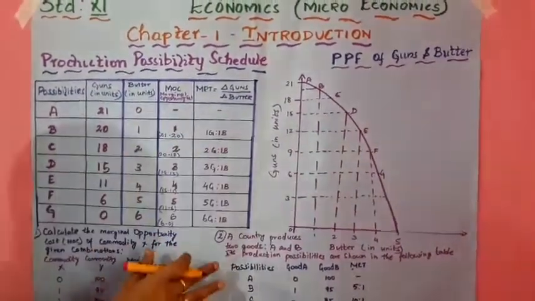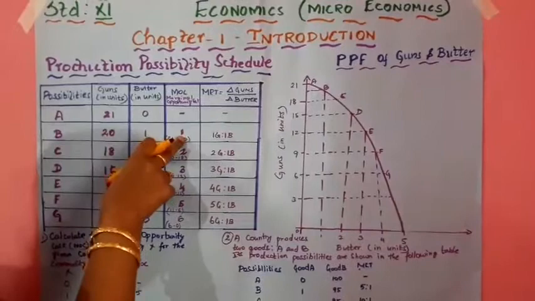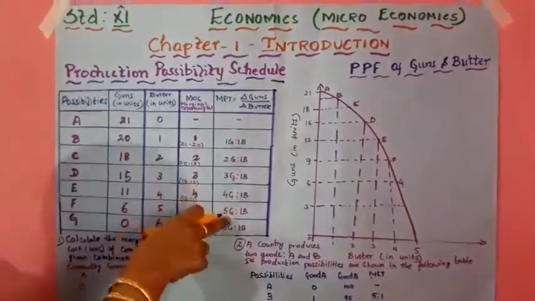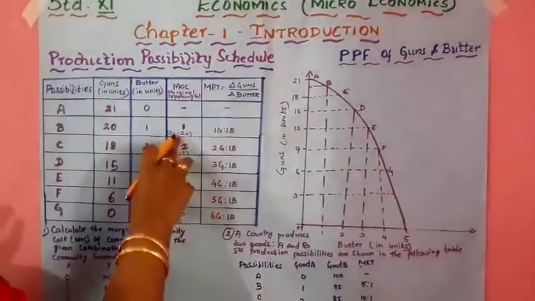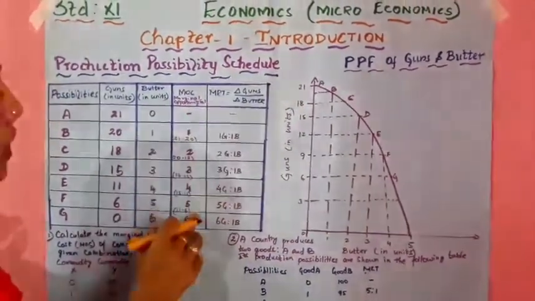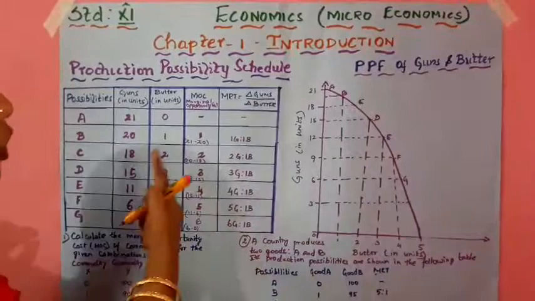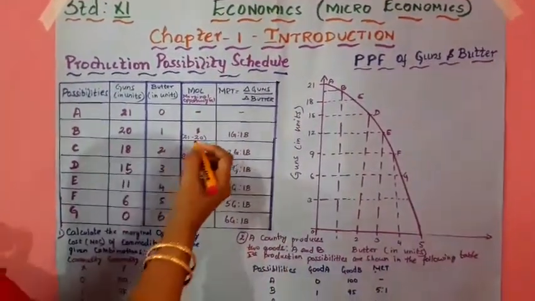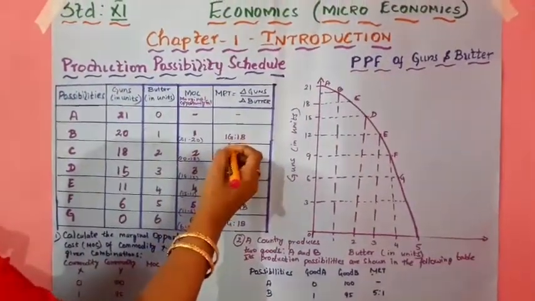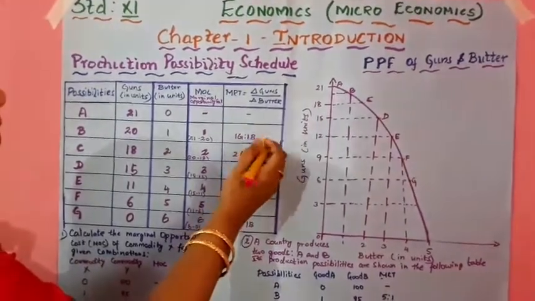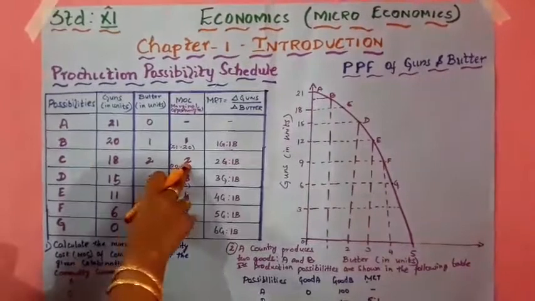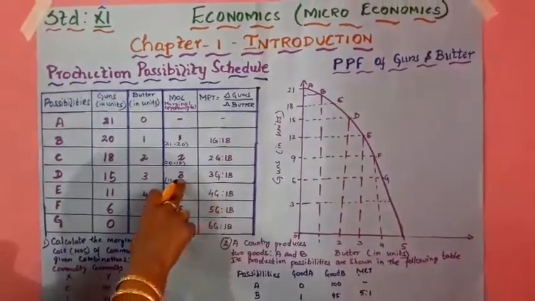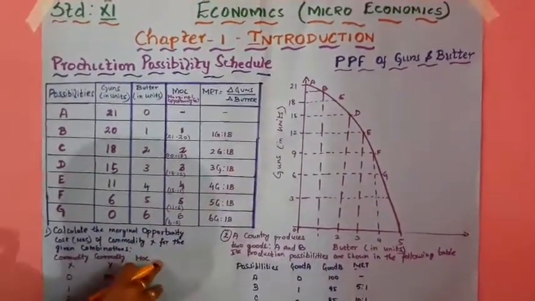This is the ratio we find out from the MOC with the combination of one possibility. So we are comparing the MOC with the one possibility of the other unit. Hence we can say that G represents gun and B represents butter. So 1 gun is to 1 butter. Here the MOC is 2, so 2 guns is to 1 butter. Here the MOC is 3, so 3 guns is to 1 butter, like that.